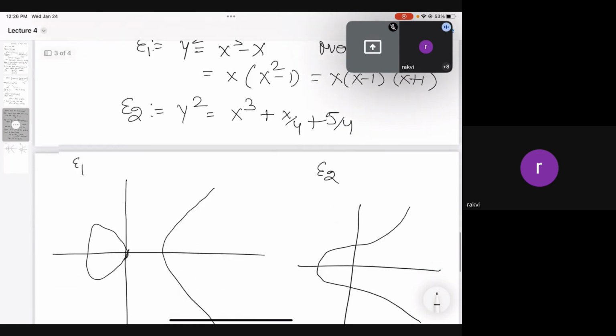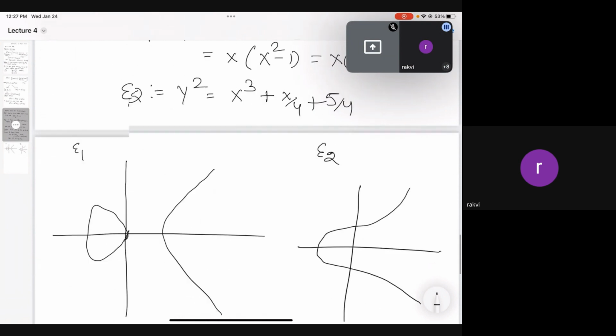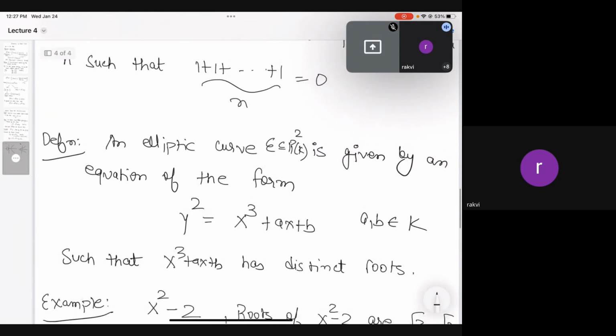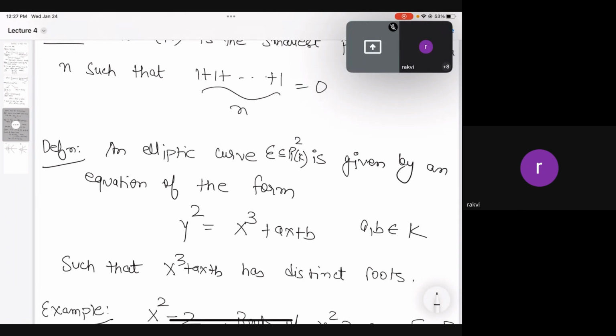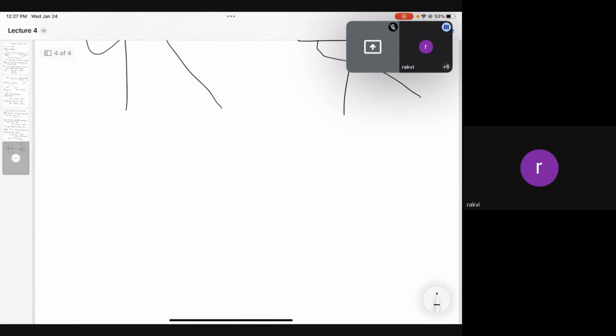Now, this is what I call the affine part of the elliptic curve, right? Because these curves are not really sitting in R2 or K2, for example. They are really sitting in projective space. What we see here is just the affine part. So the picture that we see here is really the affine part.